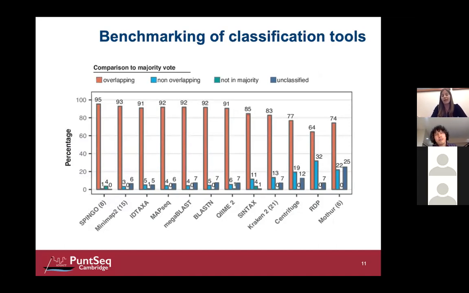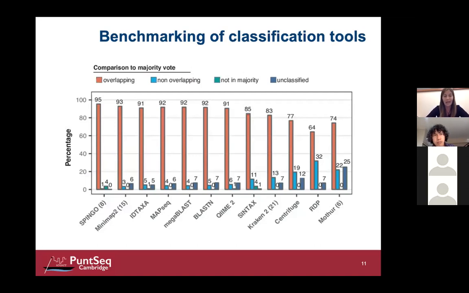Per read, we compare across all of these classification tools what the majority of the tools would classify this read as, and then compare which of them would actually predict the majority vote candidate.